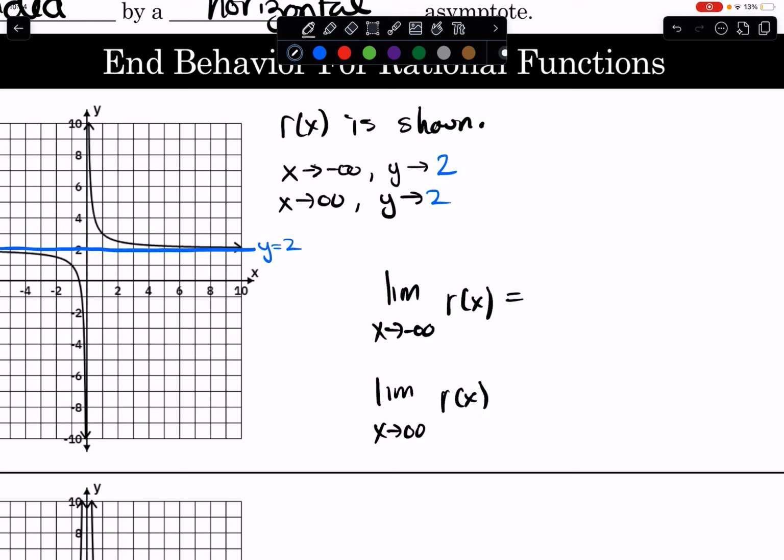Well, both the left and right side are getting closer and closer to the value of 2. So using notation, we would simply say that the limit as x approaches negative infinity of r of x equals 2, and the limit as x approaches positive infinity of r of x also equals 2, because that boundary line is describing the end behaviors.